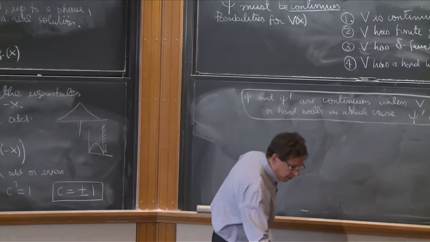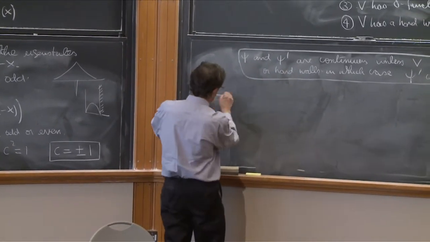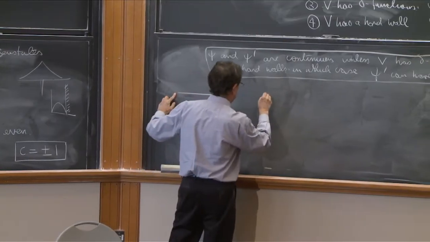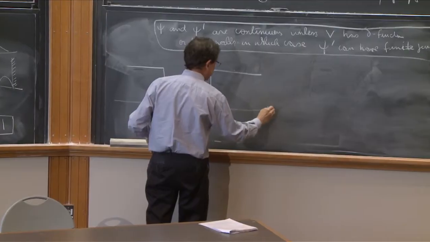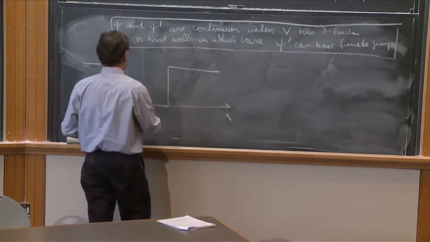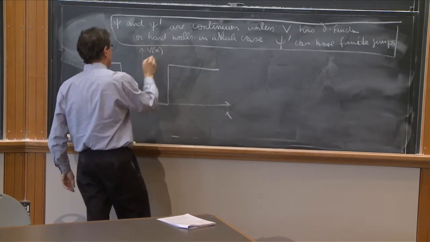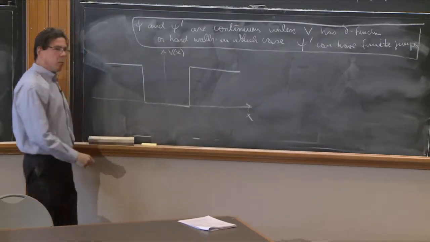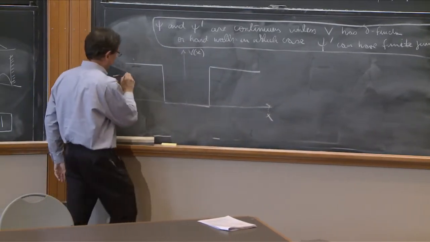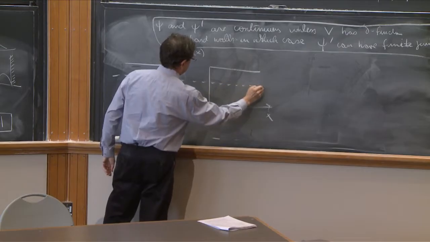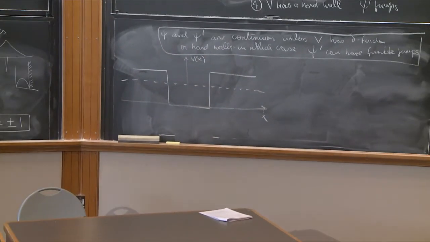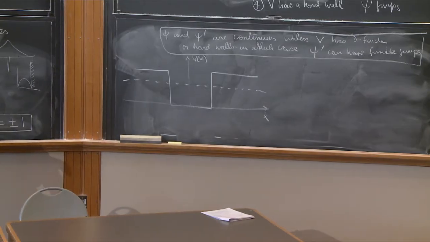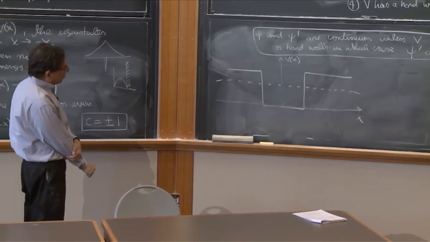We'll consider a simple example of a potential of this form. V of x, this is x, and here is V of x. We will try to find a solution with an energy that is right there below the barrier. So this would be a bound state.